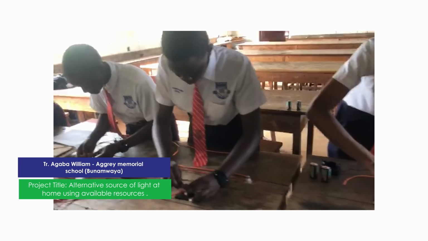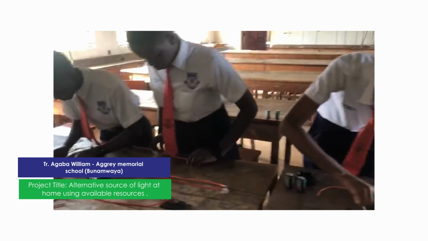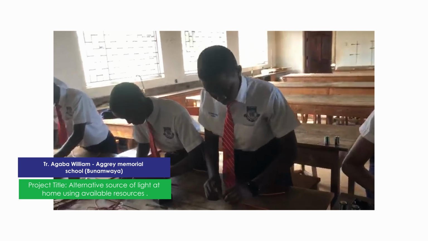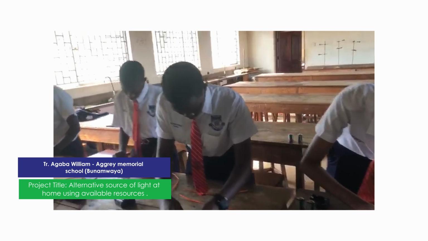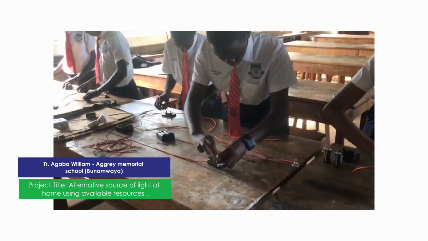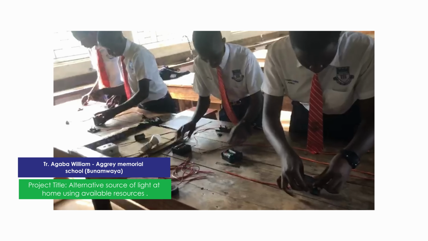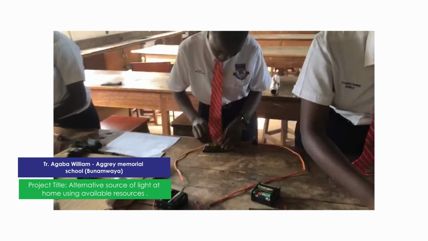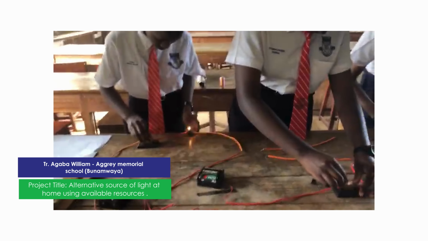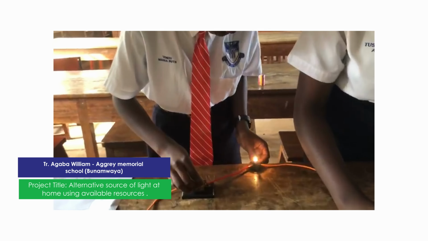It's a short project, but they are capable of doing even much better projects using the available resources. For now, they are demonstrating their skills using these few available resources within our environment.